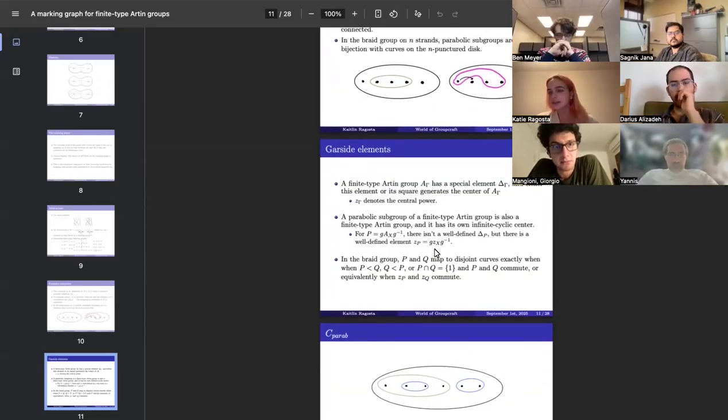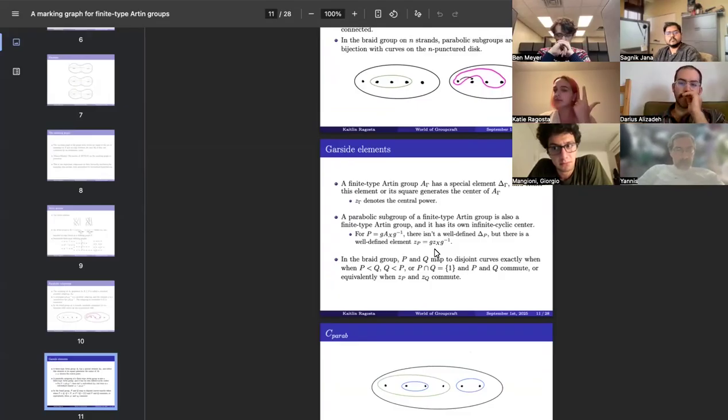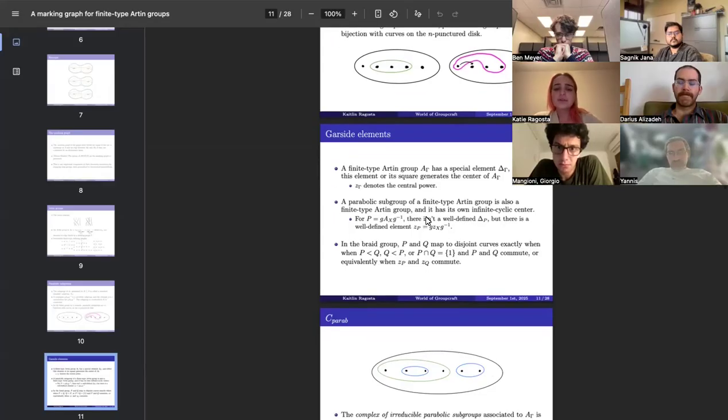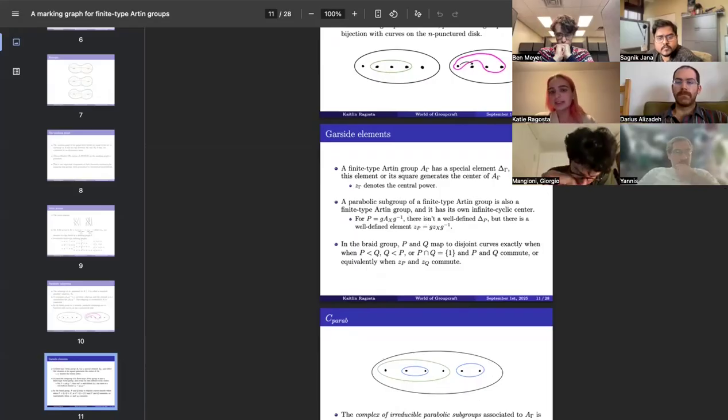Okay, if we would like to define a marking graph, we should know what curves are. We should know what disjointness is. We should have some sort of combinatorial analog of disjointness between curves. This is going to get a little bit technical, but I hope it's not too bad. A finite-type Artin group has a special kind of element, a unique particular element called the Garside element, denoted delta.